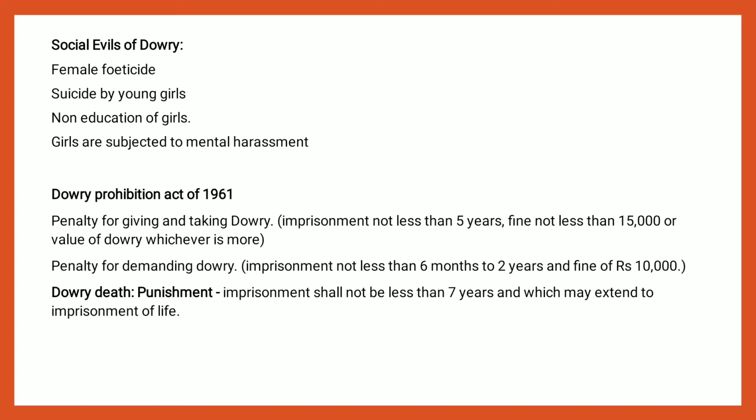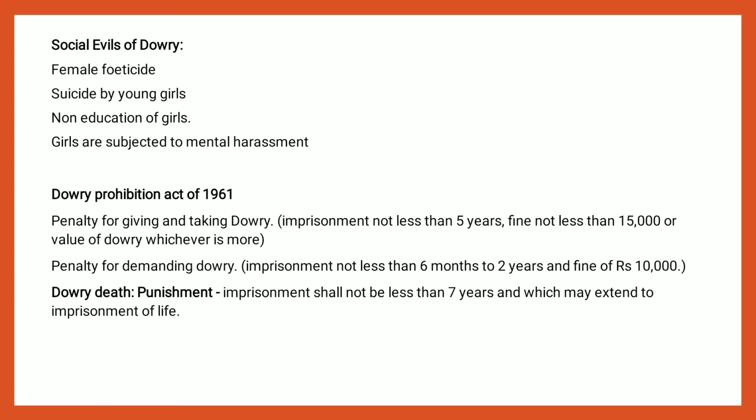It is caused within 7 years of their marriage. It shows that she was subjected to cruelty or harassment by her husband or any relatives of her husband in connection with the dowry demand. Such death shall be called dowry death. What is the punishment for dowry death?